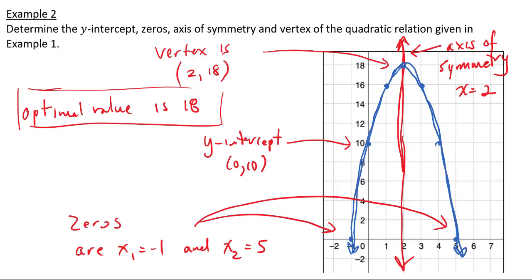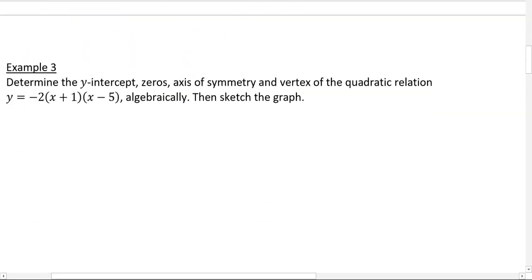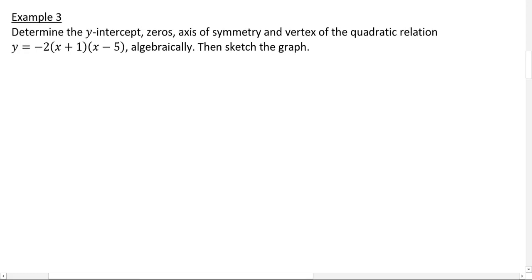But what about solving for all these values without a table or a graph? So in example 3, we're going to determine the y-intercept, zeros, axis of symmetry, and vertex of the quadratic relation algebraically. So let's start with the y-intercept.